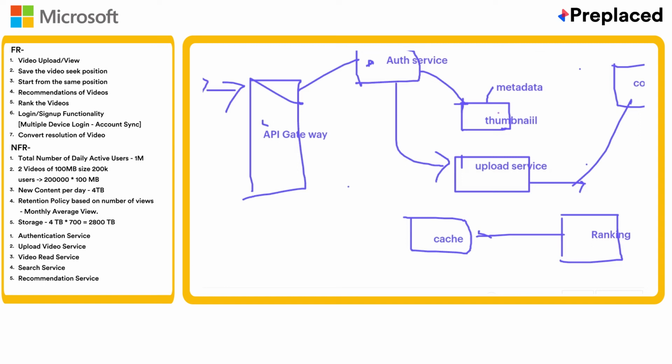Since this cached content will be much smaller compared to the total content users would possibly watch, I am going to store it in multiple data centers, and make sure that if one entire data center goes down, I'll have a backup.